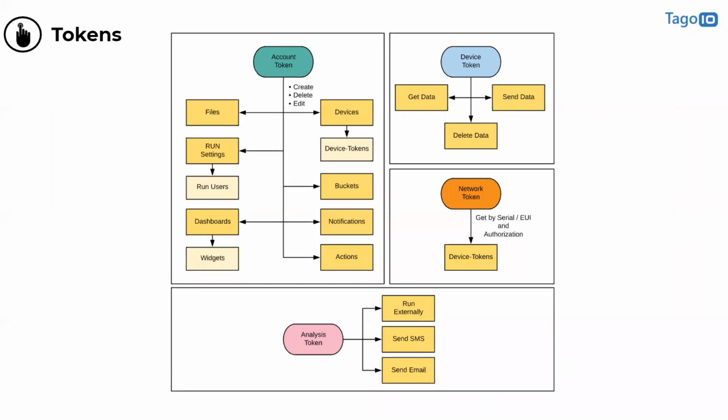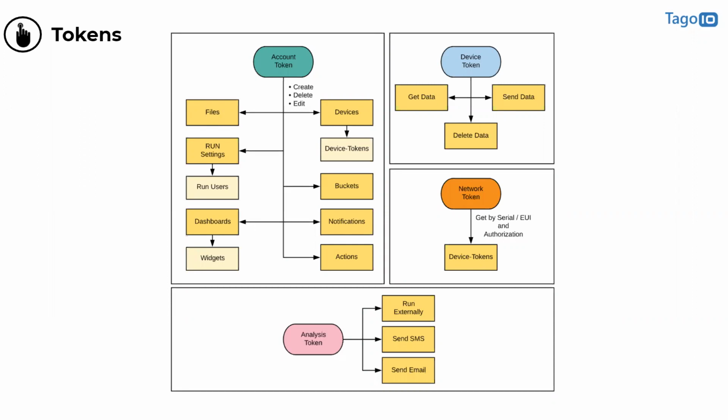Okay, next one is the device token. So this is basically to manage the data inside one of your devices. By using the device token, you are only able to get, send, and delete data from a specific device in your account.